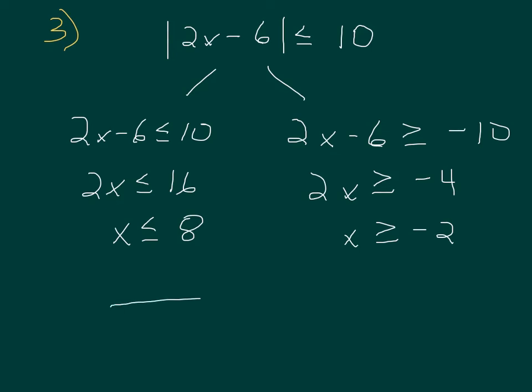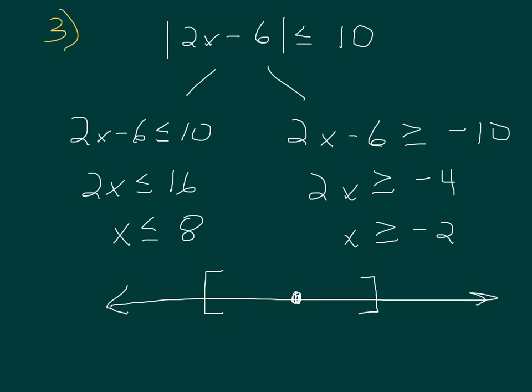So if we graph these things, we know that absolute value up here is a distance, and it's going to be less than or equal to 10 units from 0. So you're going to have some distance that is less than or equal to a certain distance from 0. That means you're going to have this situation where 0 is somewhere in here.